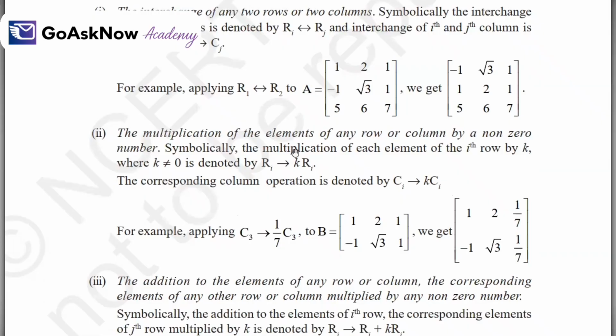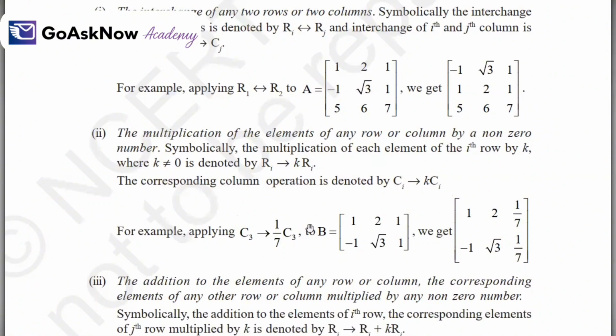For example, if you apply column 3 changing to 1 by 7 of column 3 to B, then 1, 2, 1 and minus 1, root 3, 1 will change into 1, 2, 1 by 7 and minus 1, root 3, 1 by 7.